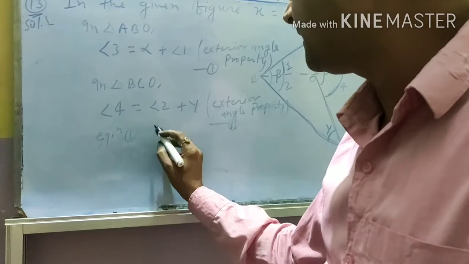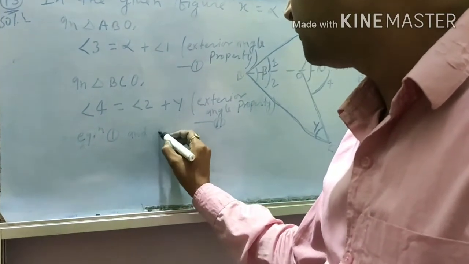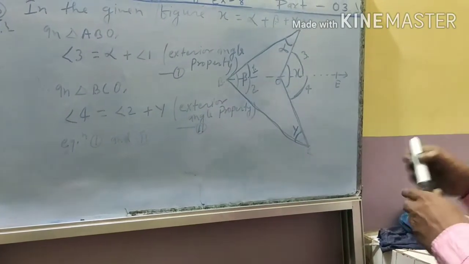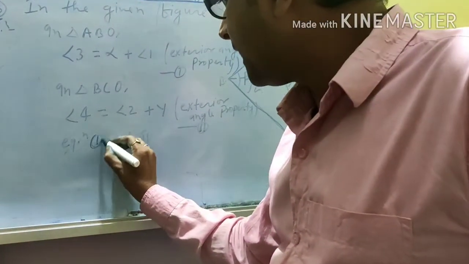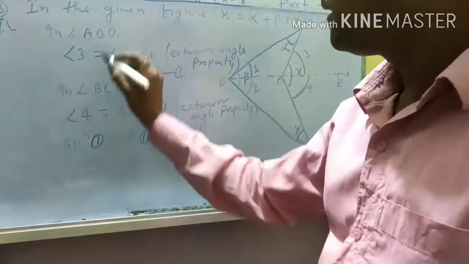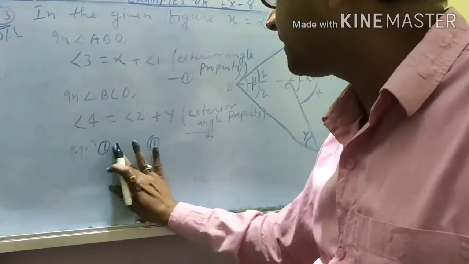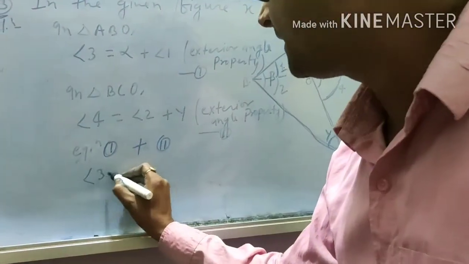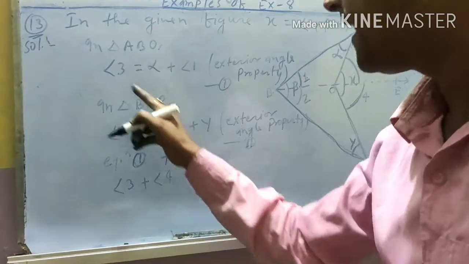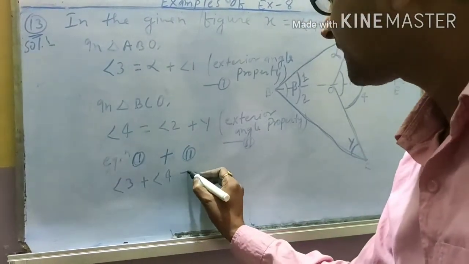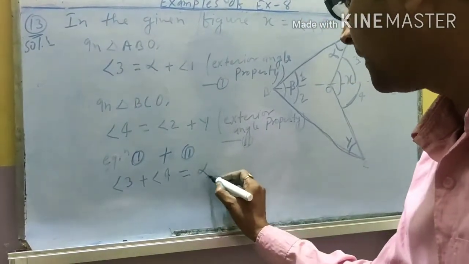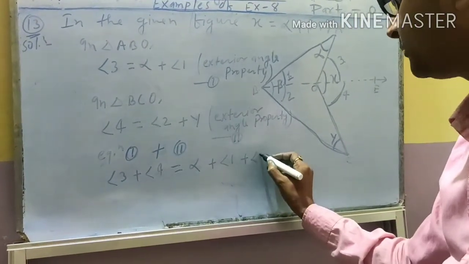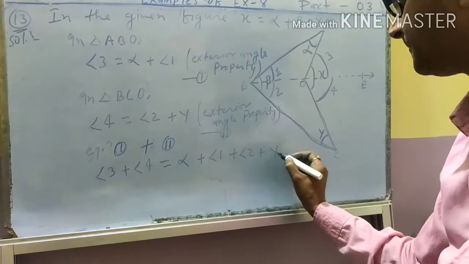Adding equation 1 and 2, we have angle 3 plus angle 4 is equal to alpha plus angle 1 plus angle 2 plus gamma.